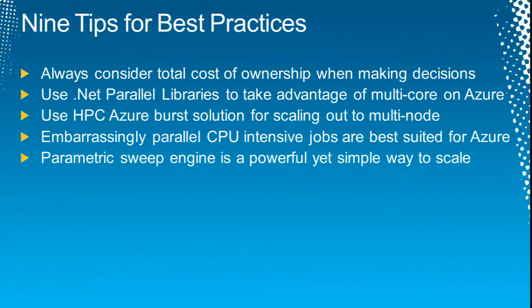Our parametric sweep engine, which you saw, is simply running a batch job through iterations of multiple parameters, and that is very powerful. You wouldn't have to write any program to use that. You're simply writing a script that includes a copy step and also the compute step.